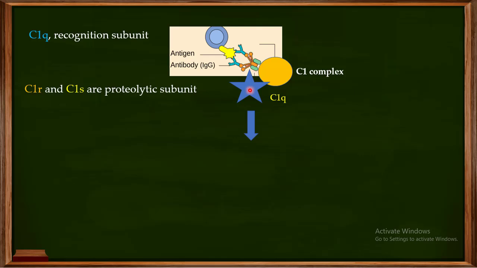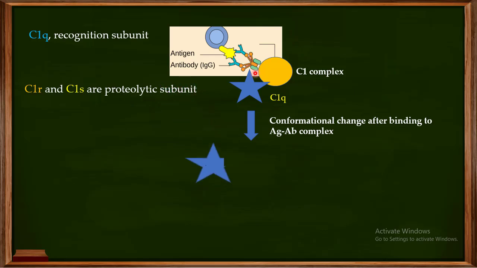Now, when the C1q attaches to the Fc region, there are conformational changes taking place in the C1q, and that is very clear in this particular image. This is the inactive C1q, and you can see the conformational change over here. This is the active C1q, and this happens when the C1q interacts with the antigen antibody complex.